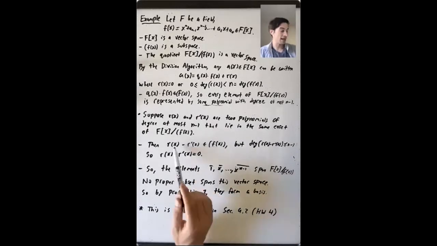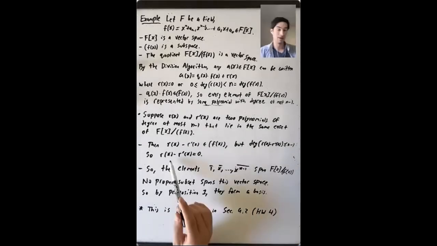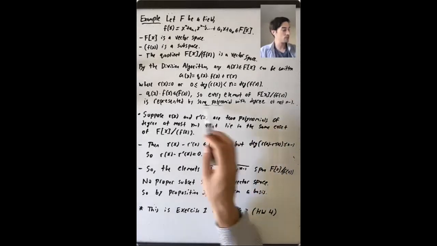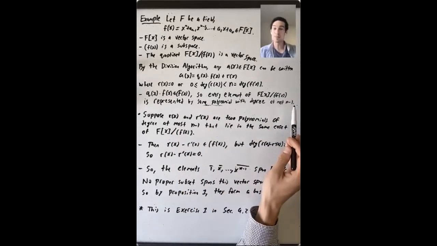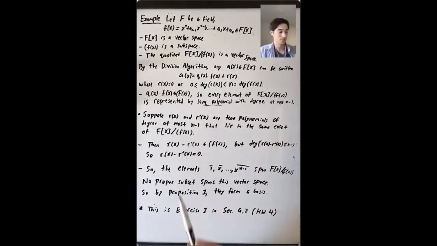Here is something in this ideal that has degree at most n minus 1. So it has to be 0. So what are we seeing? That every coset is represented by some polynomial of degree at most n minus 1, and each polynomial of degree at most n minus 1 represents a different coset. No two of those cosets are the same.